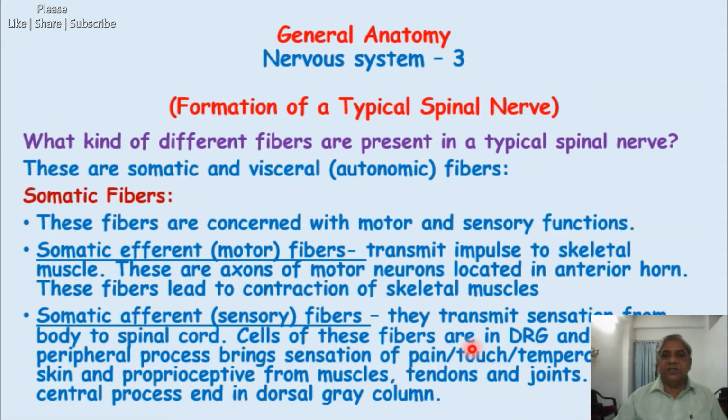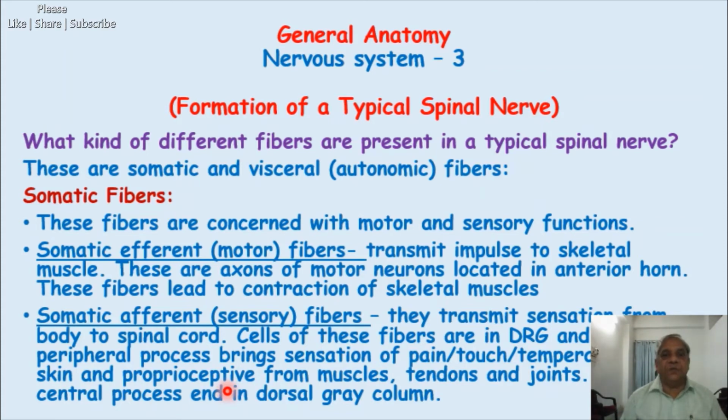They transmit the sensation from the body to the spinal cord, from skin, muscle, tendons and joints. The cells of these fibers are in the dorsal root ganglion, which is outside the central nervous system, and their peripheral process brings the sensation of pain, touch and temperature from skin, and the proprioceptive sensation from muscle.